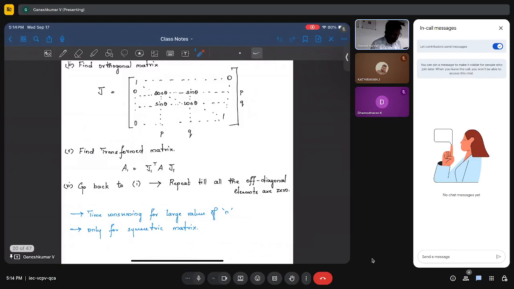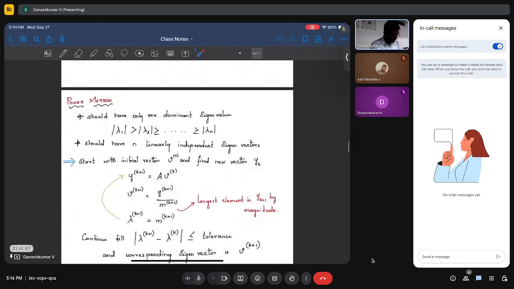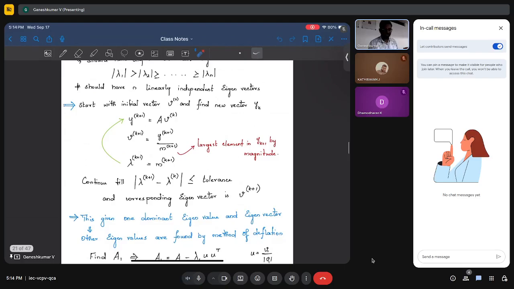Okay. But since it's time consuming, we also explored another method, which is the power method, and there's also another method called the inverse power method. In the power method, you should have only one dominant eigenvalue, that is one of the conditions, and you should have n linearly independent eigenvectors. It's an iterative procedure.